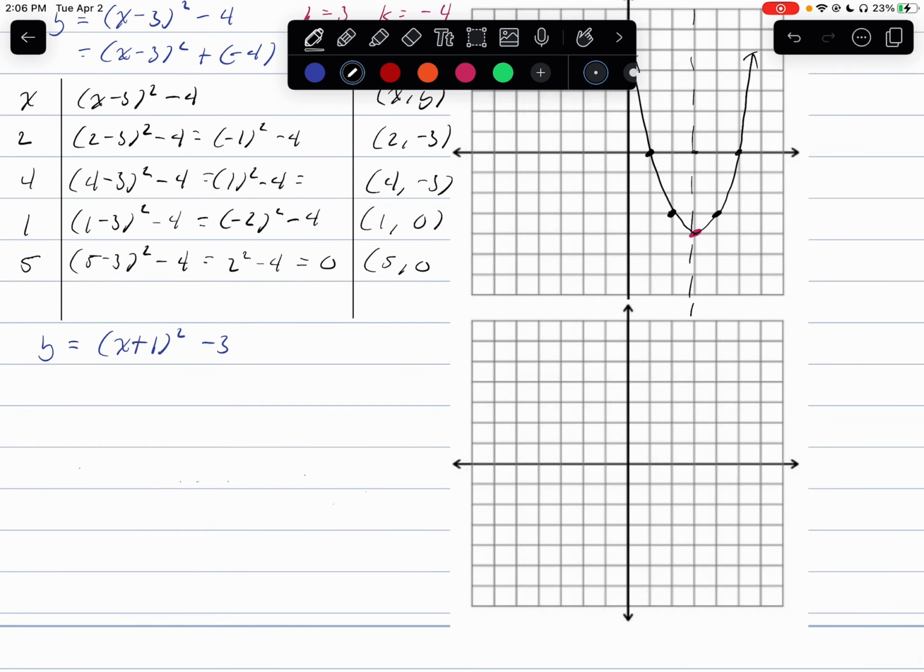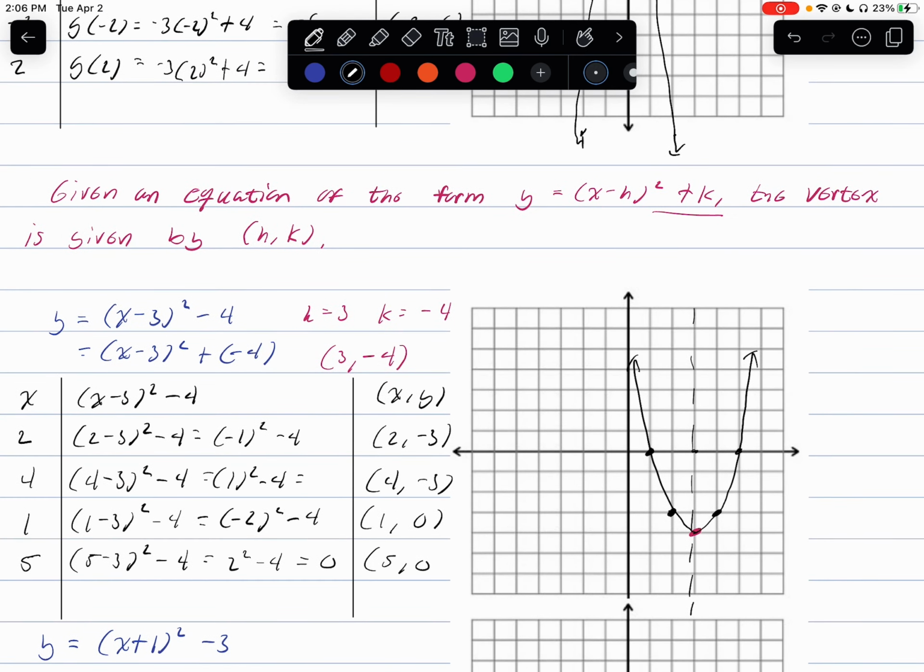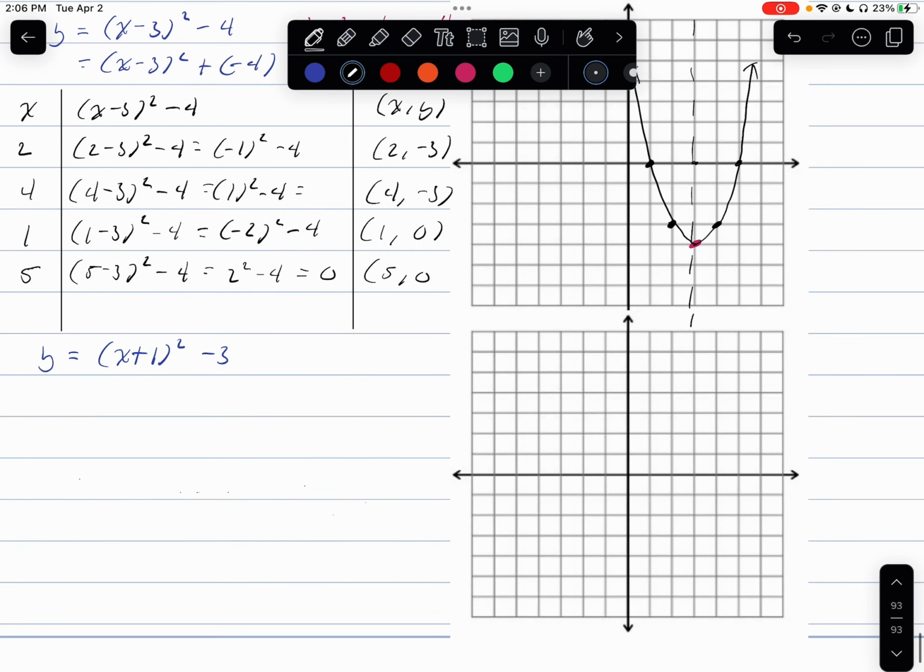Okay, let's try another one. Here we have x plus 1 squared minus 3. Okay, so it needs to be in the form x minus h squared plus k. So we can rewrite this as x minus negative 1 squared plus negative 3. Okay?